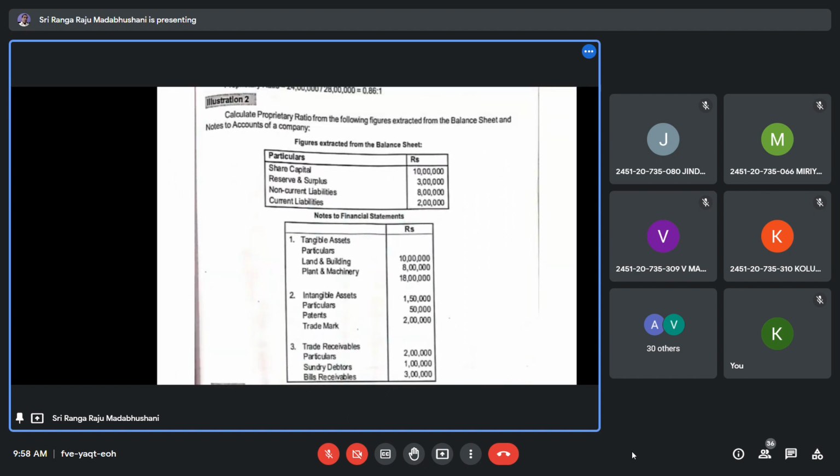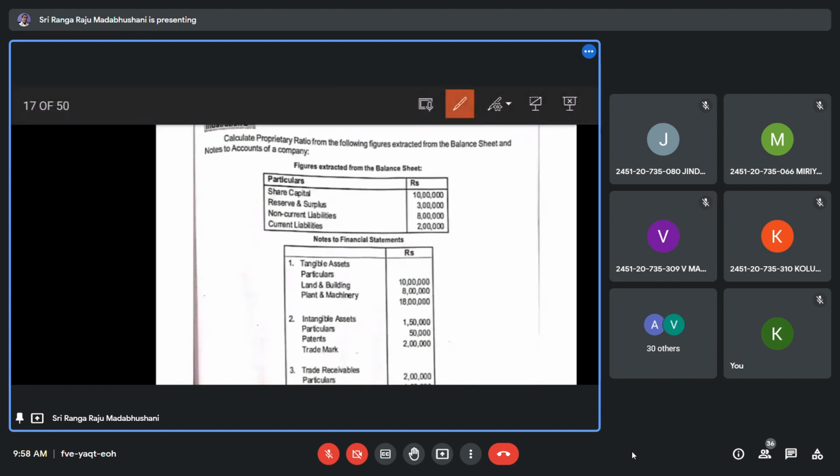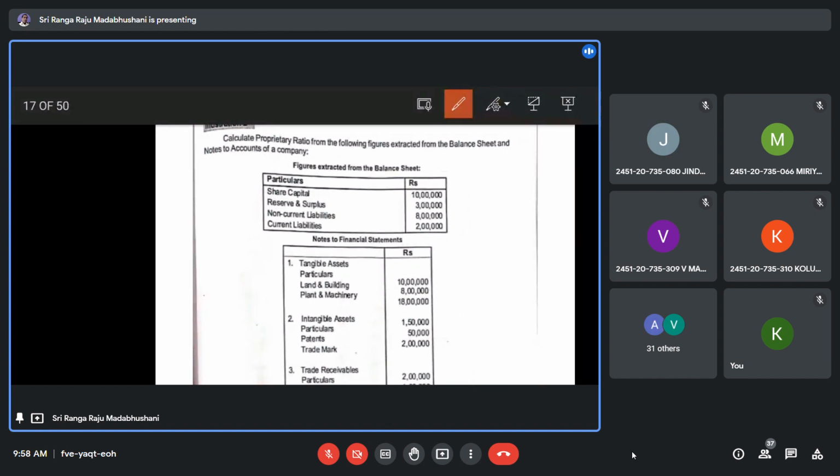Next one, calculate proprietary ratio from the following. See, in the earlier cases, the numerator and denominator were given in the question itself, except current ratio, quick ratio, debt to equity ratio, debt to assets ratio.